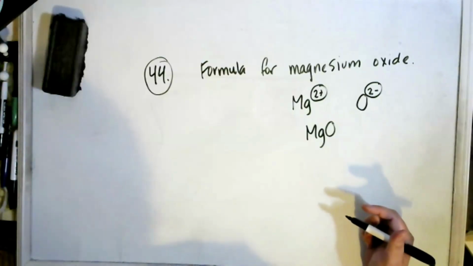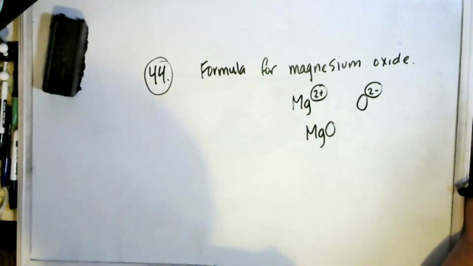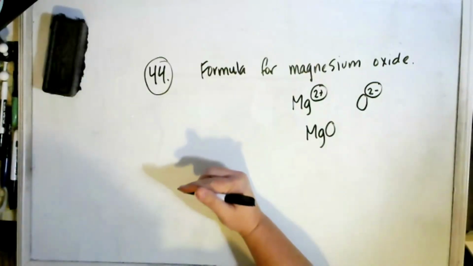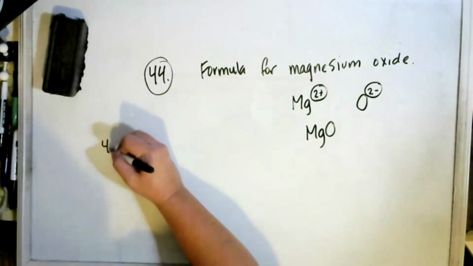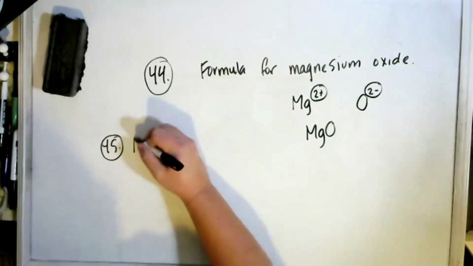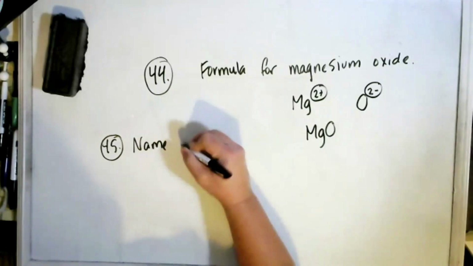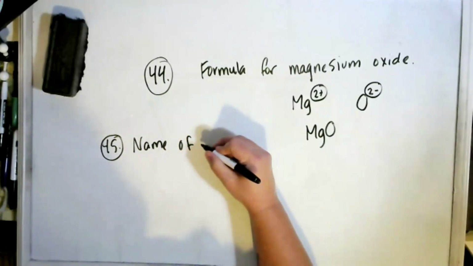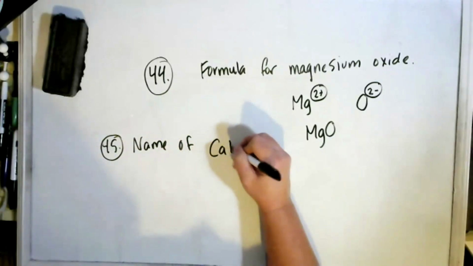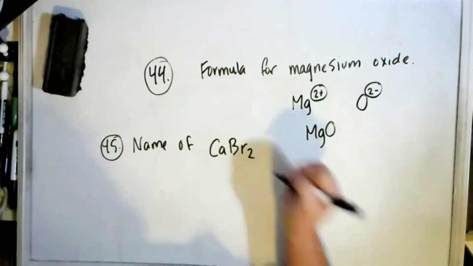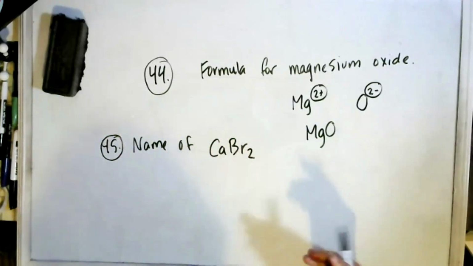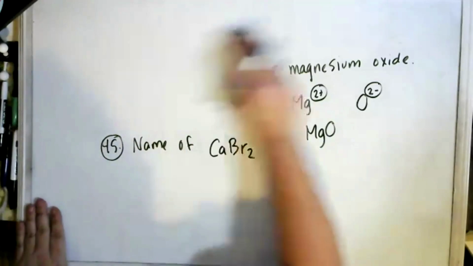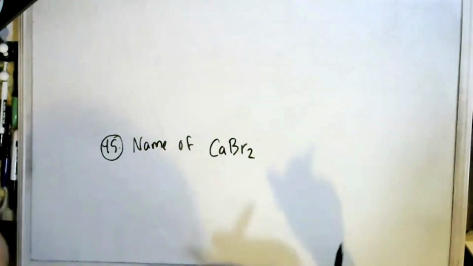All right, let's look at our next one. It says the name of the compound whose formula is CaBr2. All right, this question is important to talk about because here's our choices here.